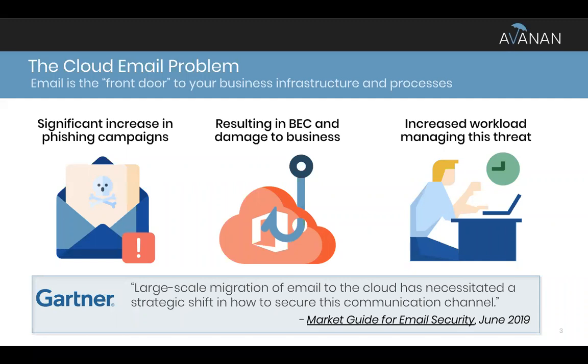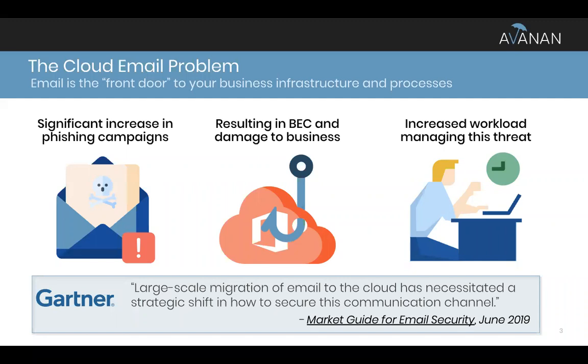First, we've obviously seen an increase in phishing campaigns, and that comes by way of customer anecdotal evidence where they talk about the different phishing attacks that they've seen. It also comes by way of what's in the news. So phishing campaigns are certainly on the rise, especially with the move to cloud-based email like O365.